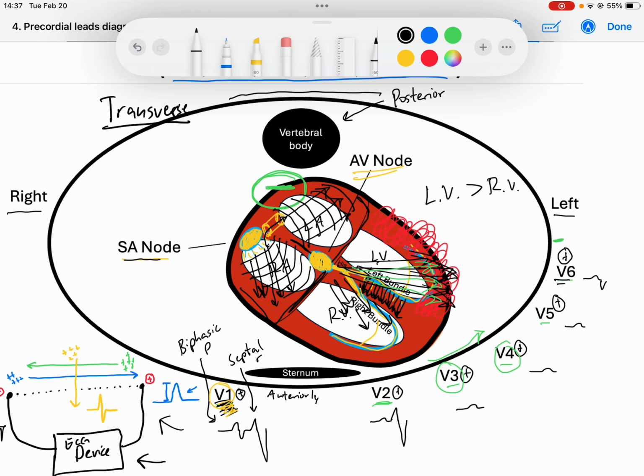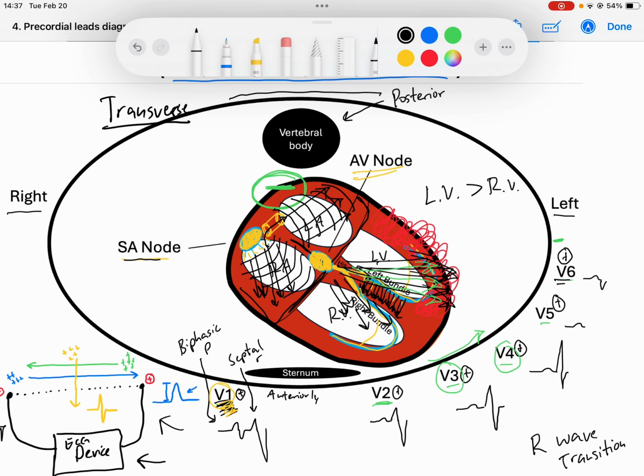And so V3 and V4 is what we would call the R wave transition point. And somewhere between V3 and V4, we'll notice that the R wave is going to start to grow larger than the rest of the negative waves, right?